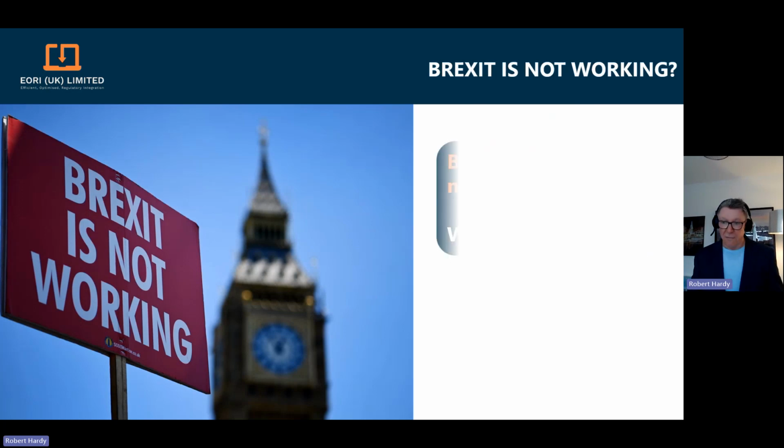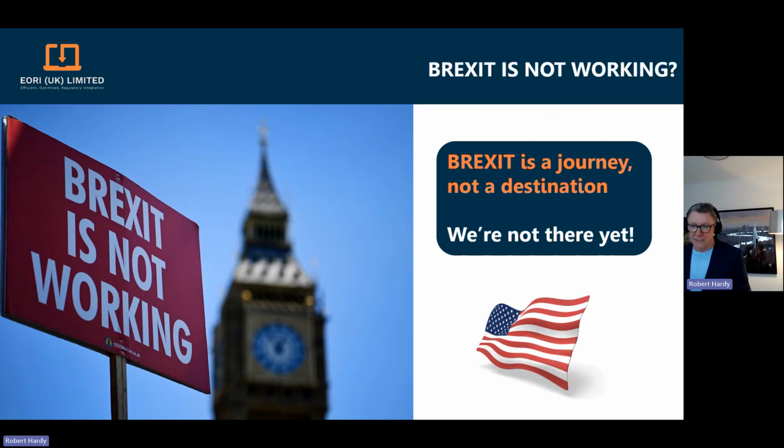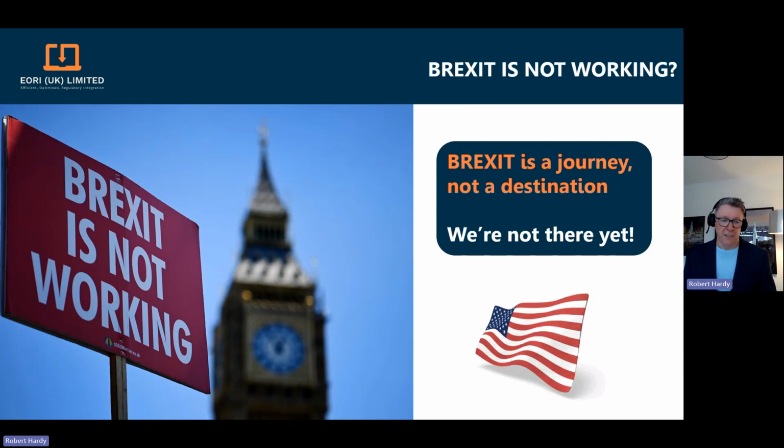I mean, the holy grail for Brexit is the trade deal with the States. It's always going to be that. For various reasons, that's not imminent, but that's the holy grail. That's the UK's view of this, that we are able to negotiate our own trade deals. I mean, you'd have to be living under a rock if you didn't know that the UK wanted to do a trade deal with the States at some stage.